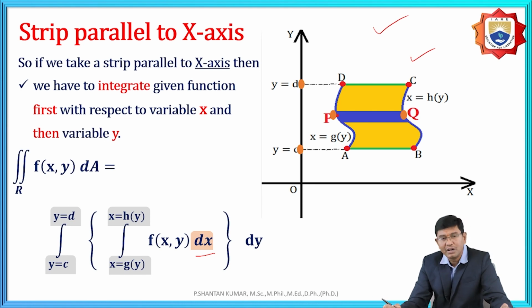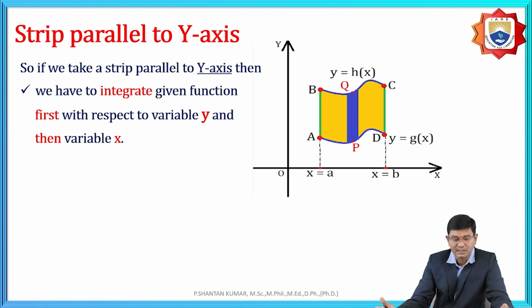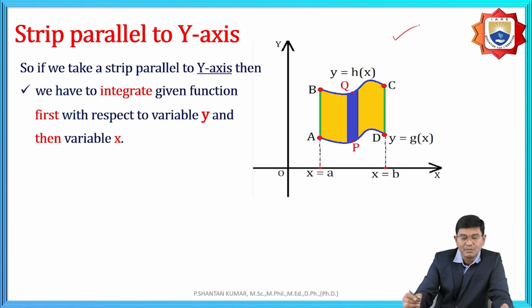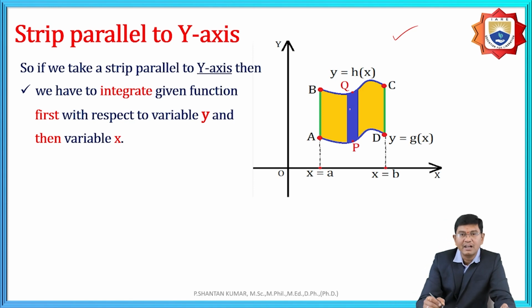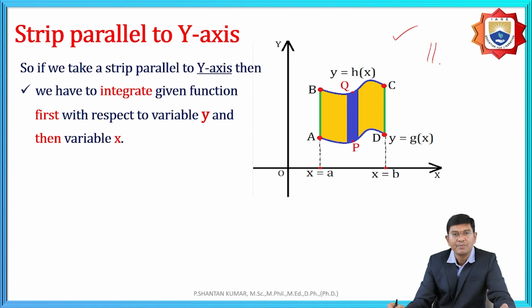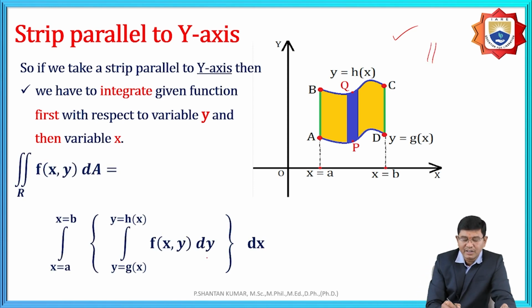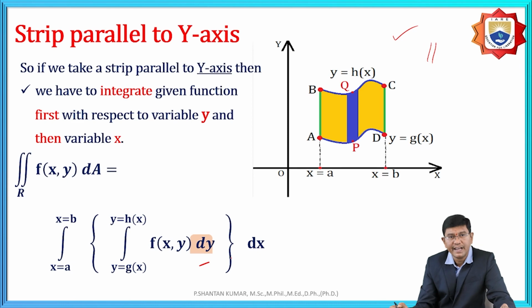Similarly, we need to understand the strip parallel to the y-axis, with an example diagram. Here it is shown symmetrically about the strip parallel to the y-axis. That means first we integrate with respect to y, and after that with respect to x.